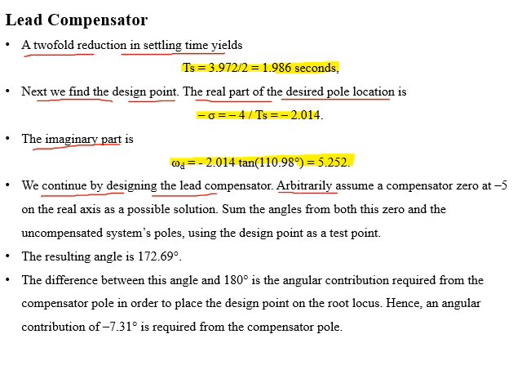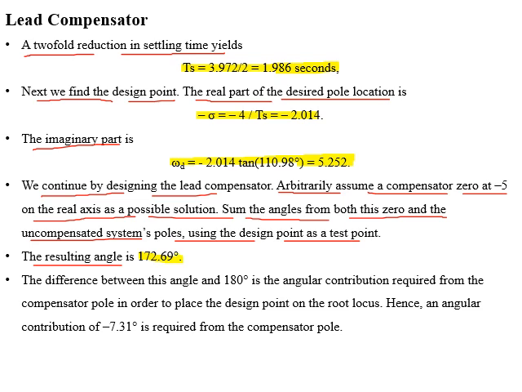For the first lead compensator, we will choose the location of minus 5 for the compensator 0 on the real axis. Now we will find the sum of angles of the uncompensated system poles and the 0 added at minus 5 to the new design point, and will find its difference with 180 degrees.